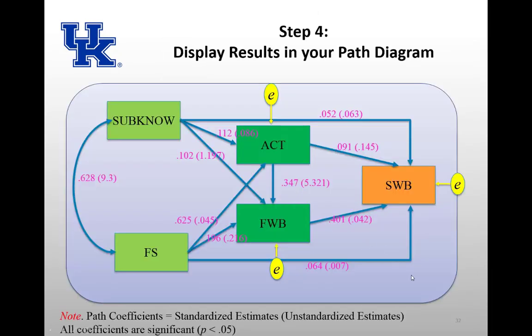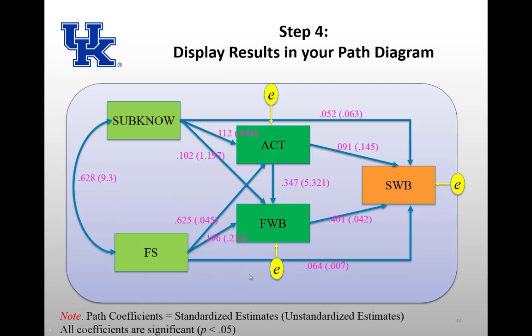So here you can see the diagram, the specified model with our standardized and unstandardized estimates of the path coefficients plugged in. And in the parentheses, those are unstandardized estimates. All coefficients are significant, but you can see clearly there are some very strong paths.